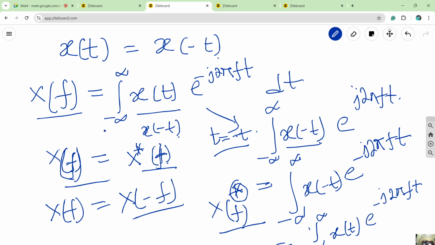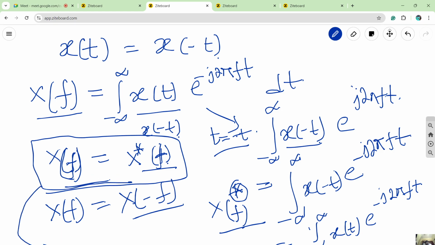This is because X(f) is equal to X star(f). This is only possible when a function is real. Real.